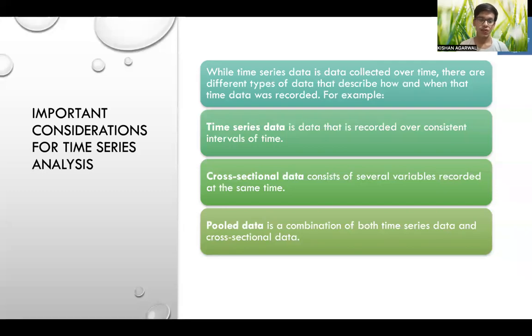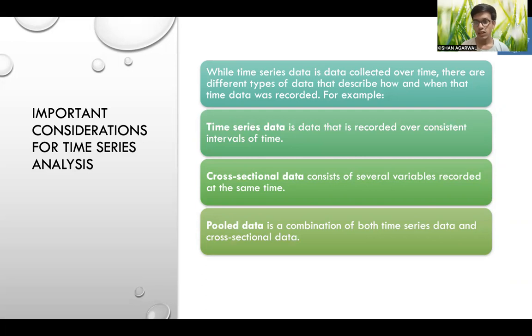Important considerations for time series analysis. While time series data is data collected over time, there are different types of data that describe how and when that data was recorded. For example, time series data is recorded over consistent intervals of time.